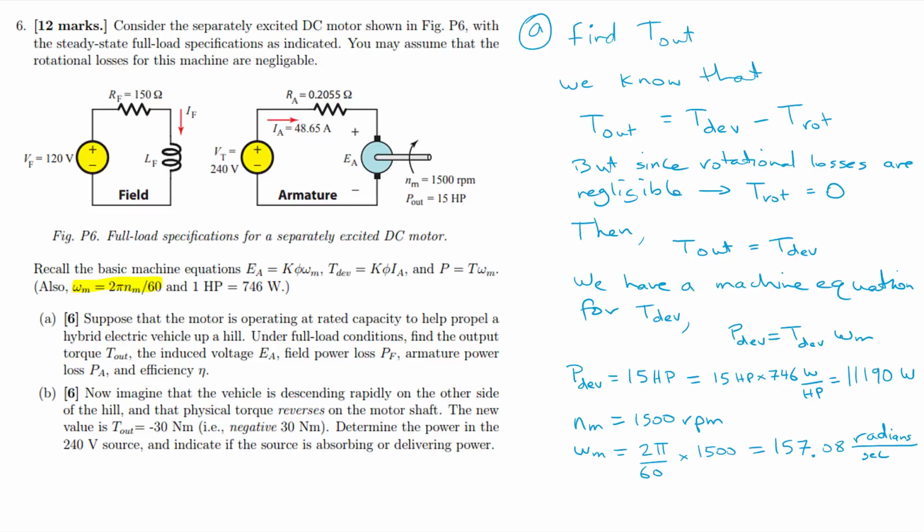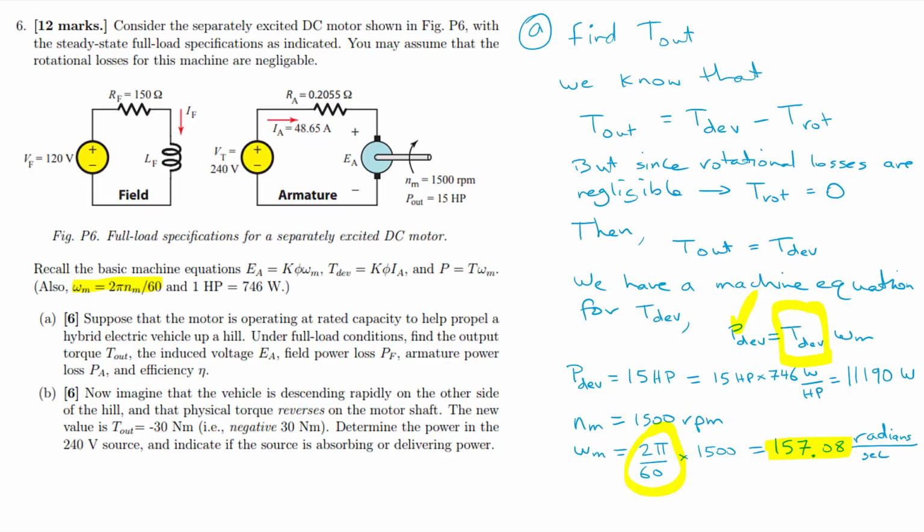If we don't know it, it's very easy to come up with it. So we just multiply 1500 by that scaling factor, and then we get 157.08 radians per second. So now we know all the information we need to calculate Tdev, okay?